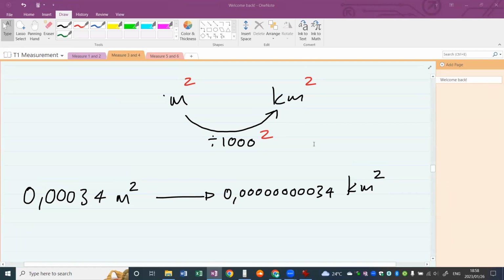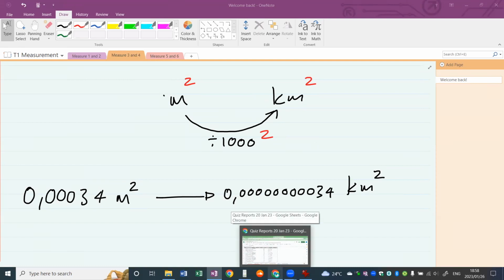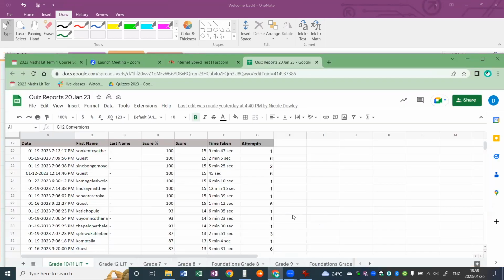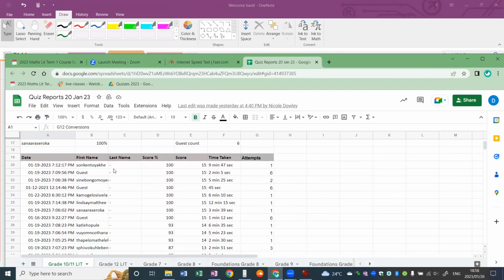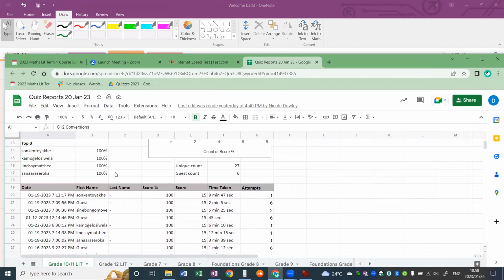Now, I want to show you something very exciting. The first week we did a quiz and we got the results. I'm very happy to report that Sonken Toyake, Kamohelesiwe, Lindsay Mati, and Sonaro Soreko are all getting 100% so far.